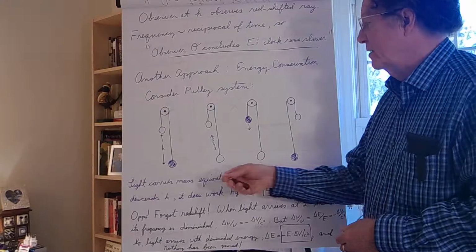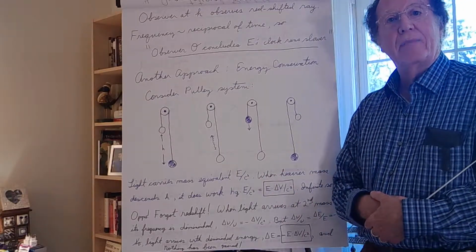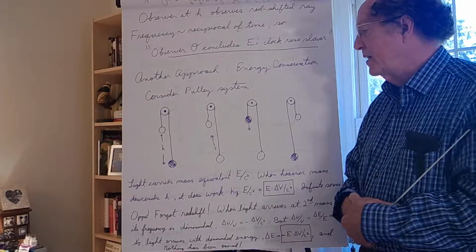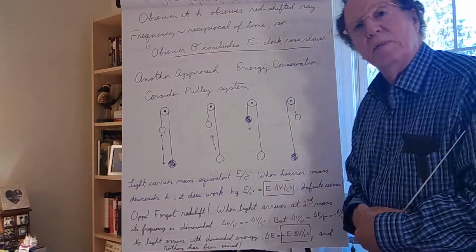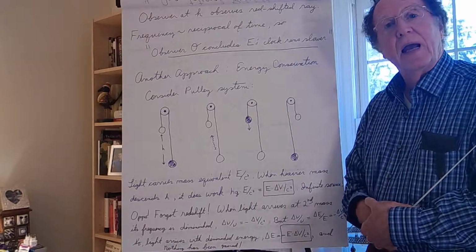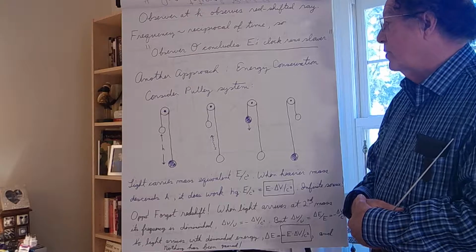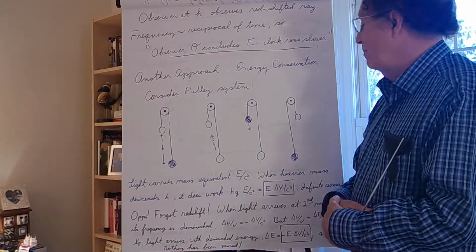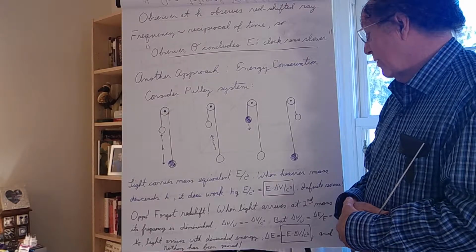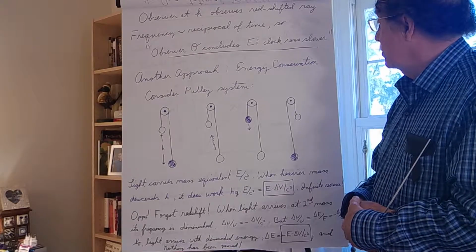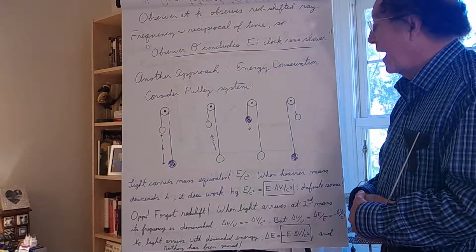I motivated the discussion by imagining a pulley system and a perpetual motion machine, and what we learned is that the perpetual motion machine fails because energy is conserved, and that's implemented by the redshift. The amount of energy you thought you were going to gain is just the amount that's lost due to the redshift, and so nothing is gained.